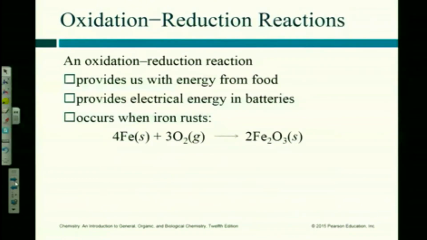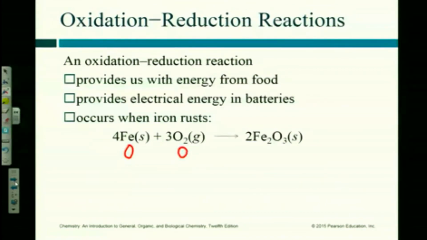Let's look at this example right here. What's the charge on this iron right here? Does it have a charge? It does not. What about oxygen? Does it have a charge? No. What's the charge on iron right here? Who thinks it's 3 positive?